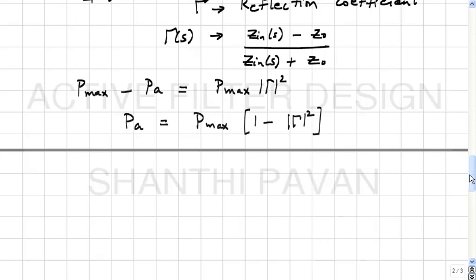In other words, if the load is matched to Z naught, all the incident power is getting absorbed by the load. Now, if the load deviates from Z naught in some fashion, then of all this potential power that could be absorbed by the load, some part of it is reflected back.